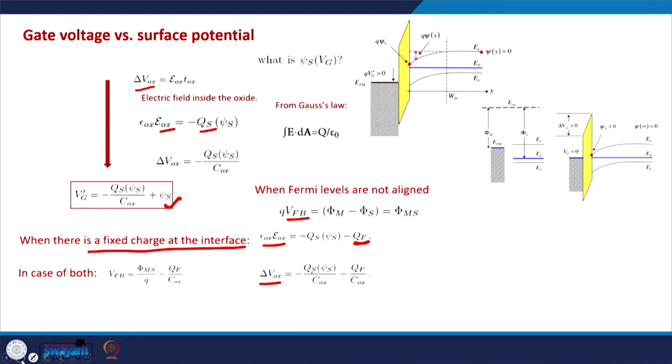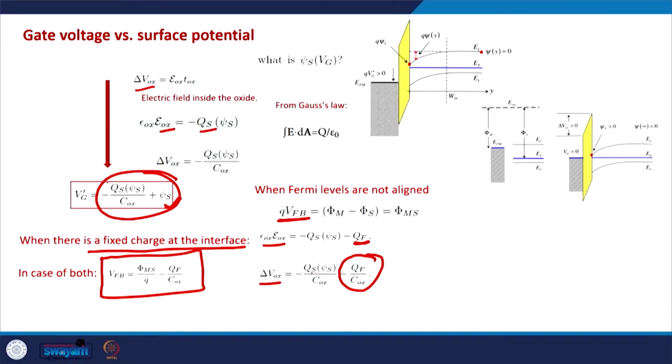So in total, generally this quantity is absorbed in the flat band voltage, and this flat band voltage is written as phi ms by Q minus Qm by Cox. So this is the additional voltage that we need to apply on the gate terminal in order to achieve the perfect or ideal conditions that we have been discussing so far.